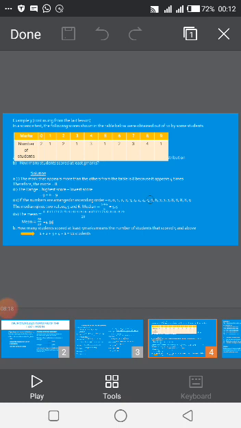4. We are asked to find the mean of the distribution. The mean is to sum up all the marks divided by how many numbers you added up, which is what you can see on the screen. 0 plus 0, 1 plus 2 plus 2, plus 3 plus 4 plus 4 plus 4, plus 5 plus 6 plus 6, plus 7 plus 7 plus 7, plus 8 plus 8 plus 8 plus 8, and plus 9.